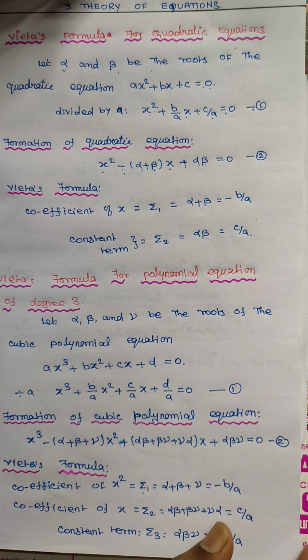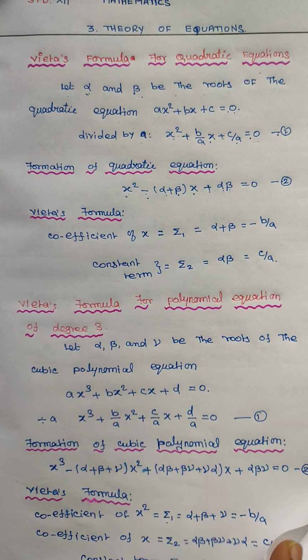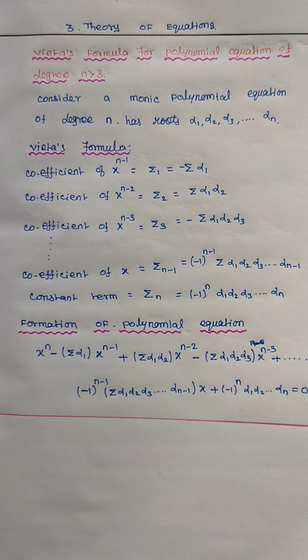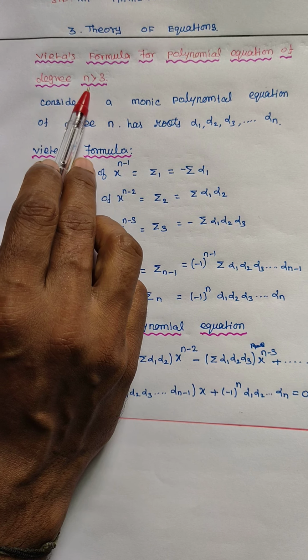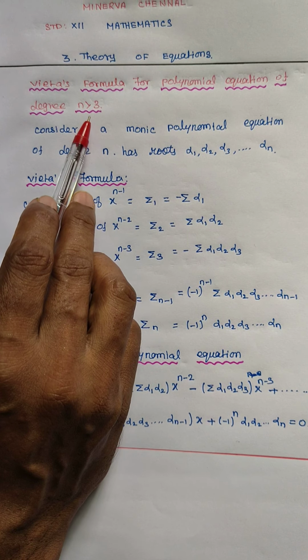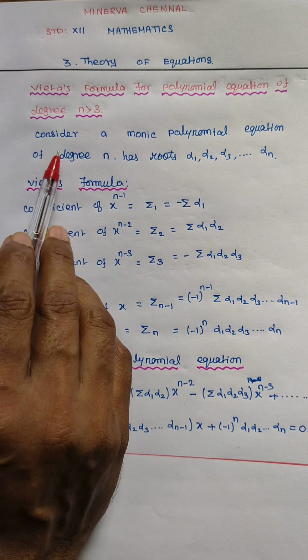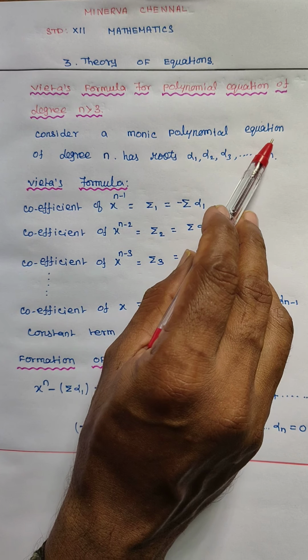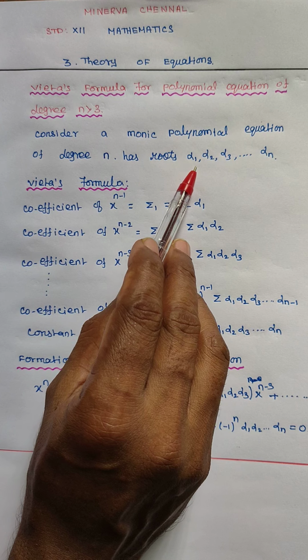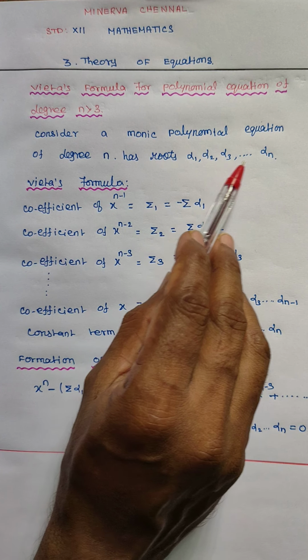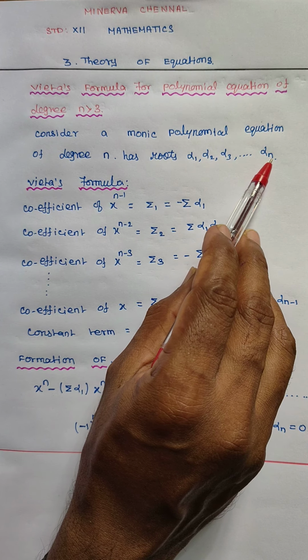Next we will discuss Vieta's formula for polynomial equation of degree n greater than 3. Consider a monic polynomial equation of degree n with roots alpha 1, alpha 2, alpha 3, and so on up to alpha n.